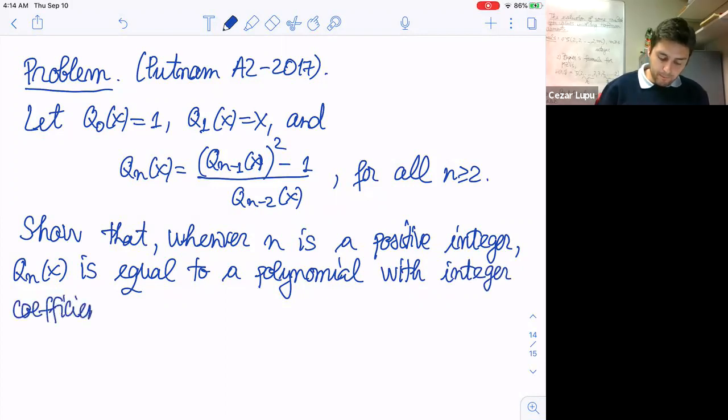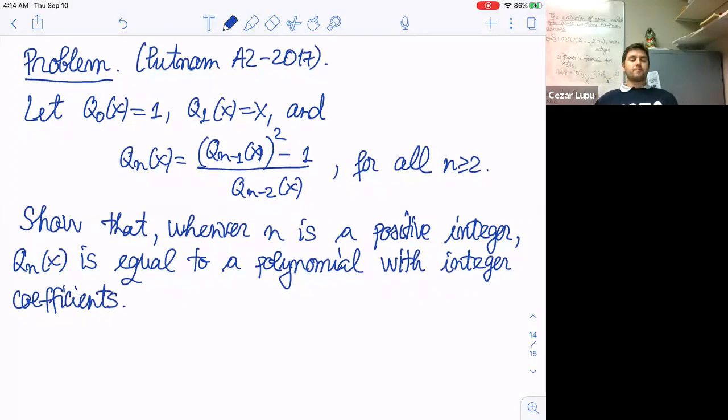Okay. Let's look at this problem a bit. The idea is quite simple.